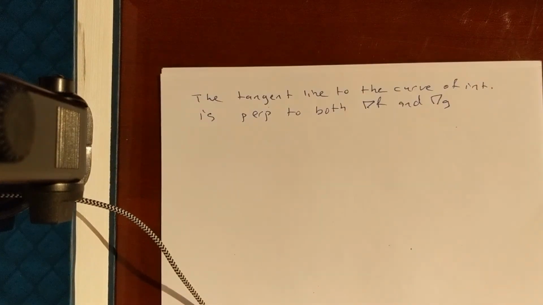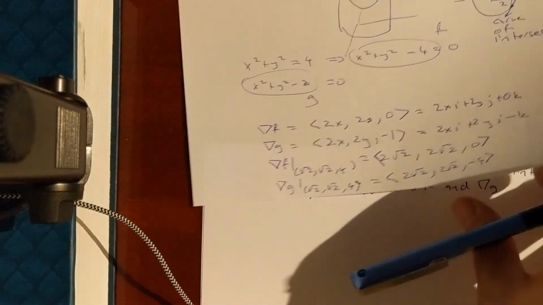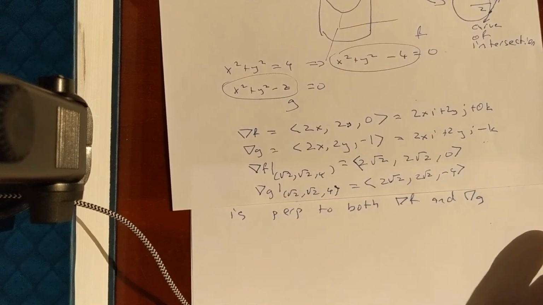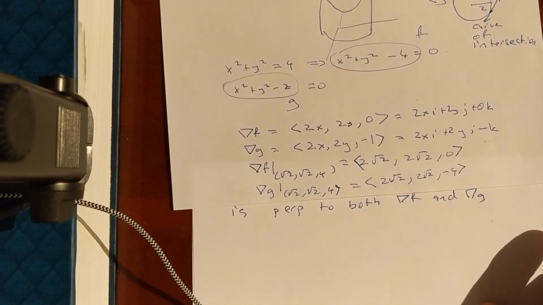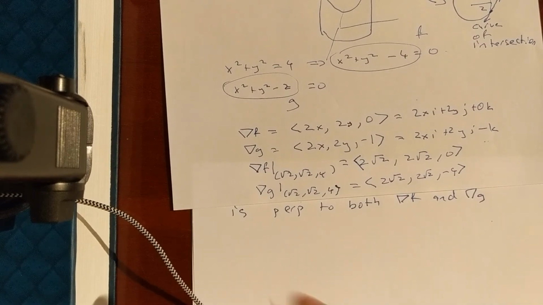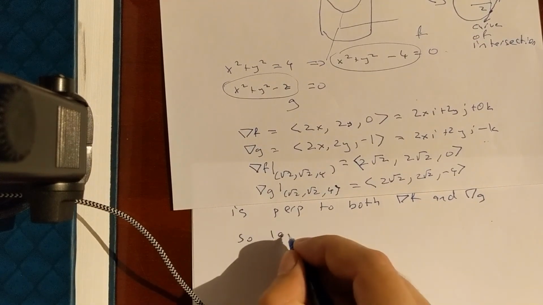Okay, so let's remember, how do we find a third vector that's perpendicular to two vectors? Well, we have to do the cross product. Okay, so let's do the cross product.